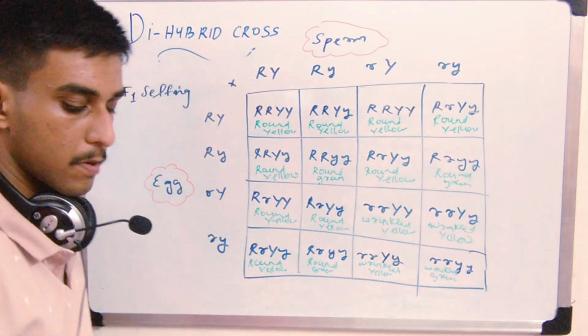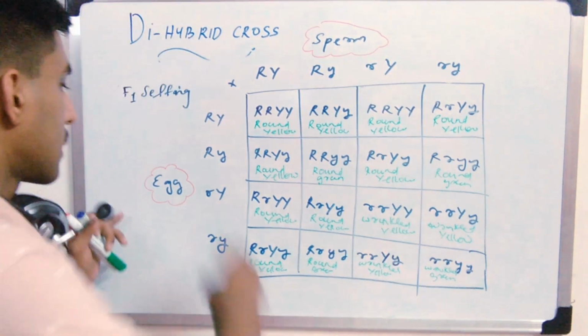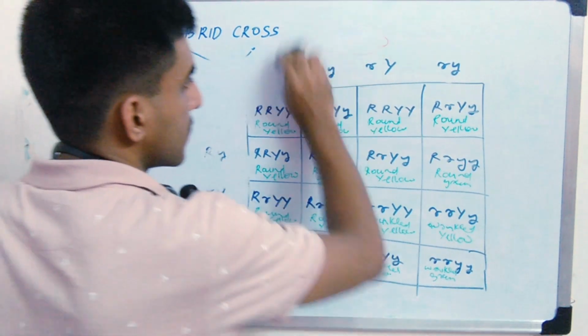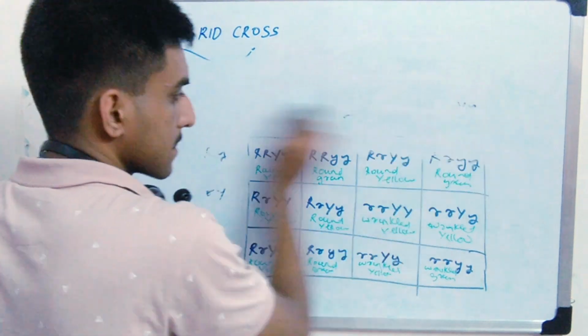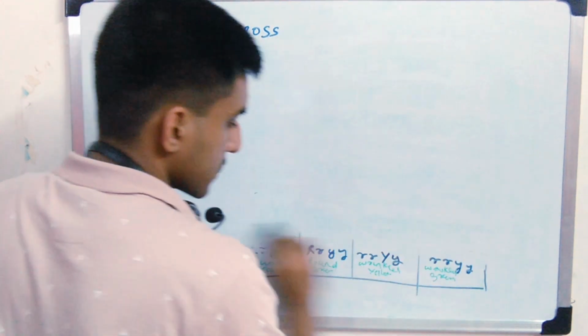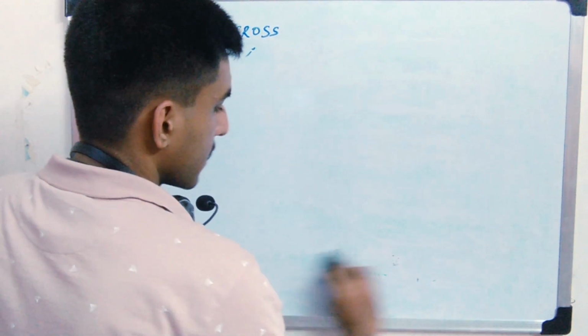Now I am going to show how we can find a solution if heterozygous gametes are given, and we need to find the F2 result. How can we write it?